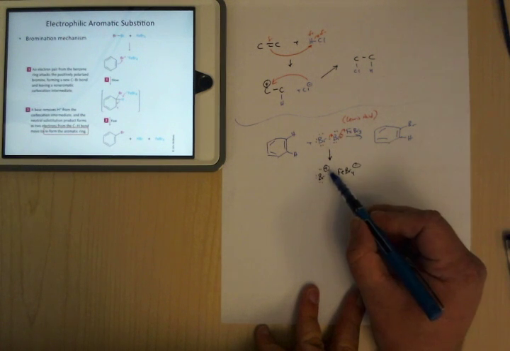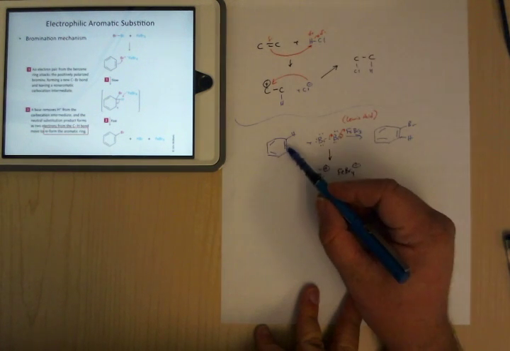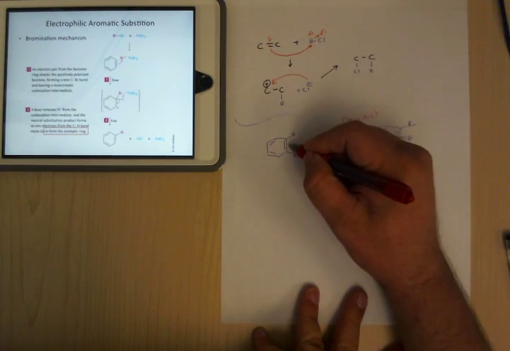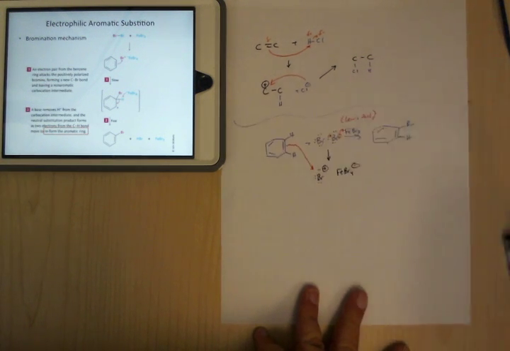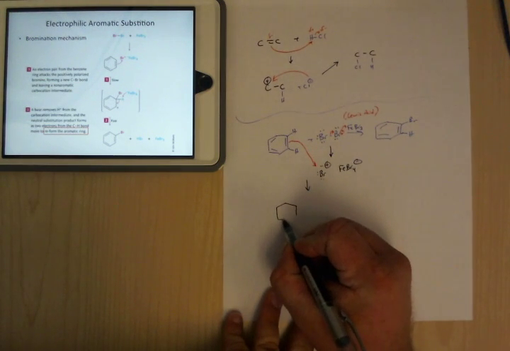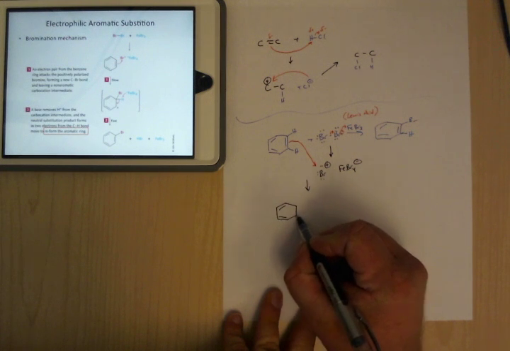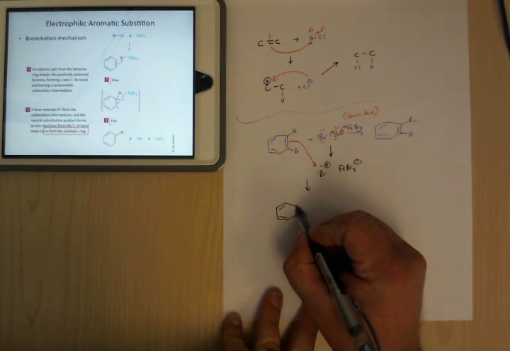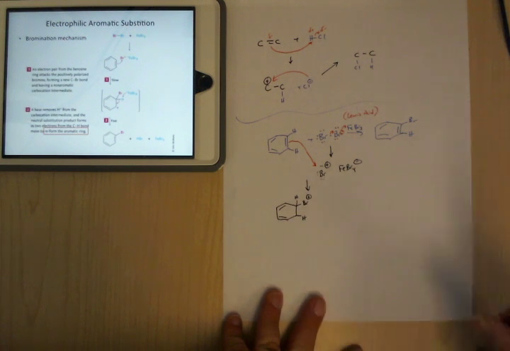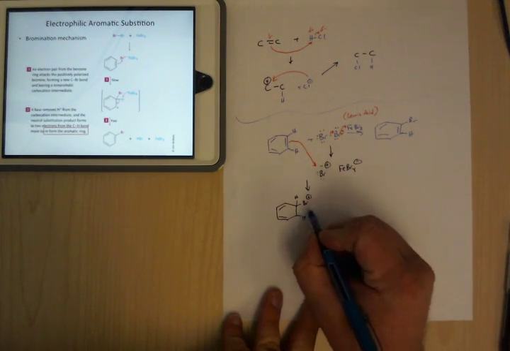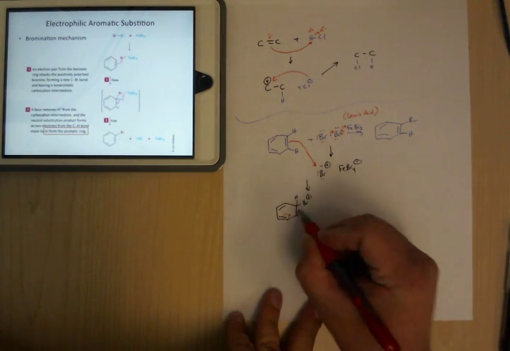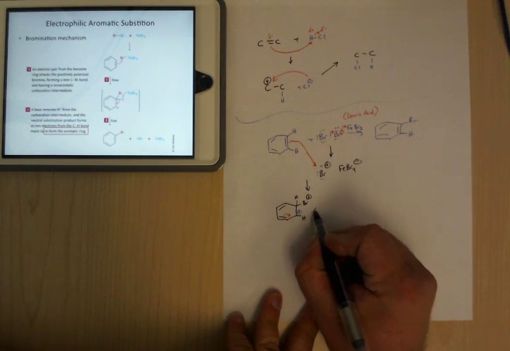Now you've got something positively charged. So you have the lone pair, or the double bond here, and this is going to attack that to make this intermediate here. And the nice thing is you end up getting a positive charge here, but you can get these resonance structures.